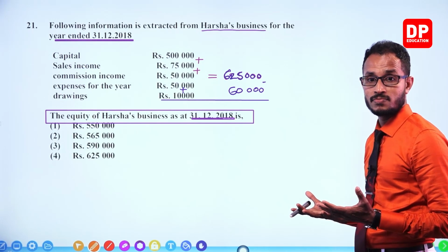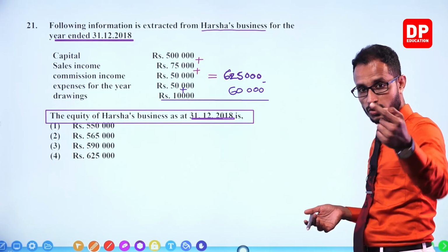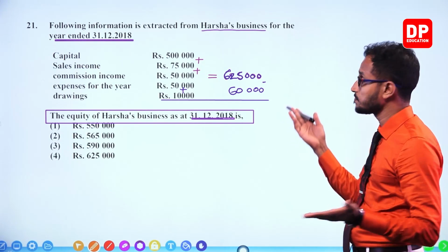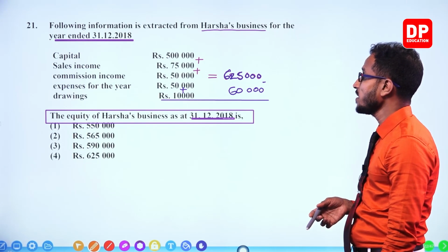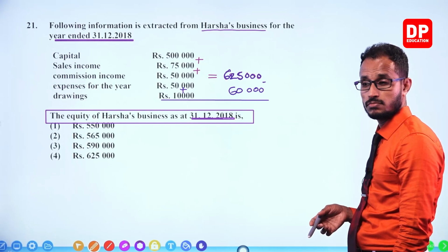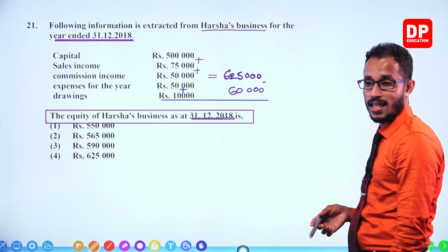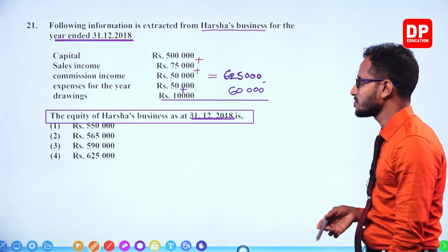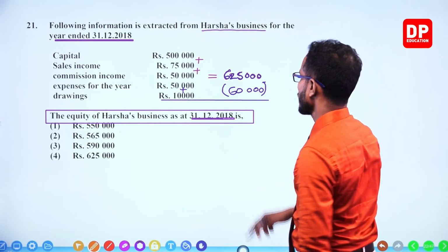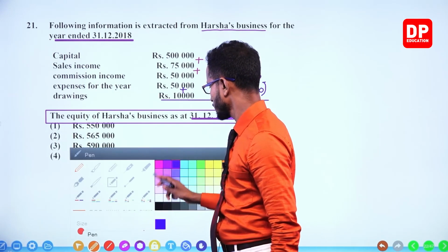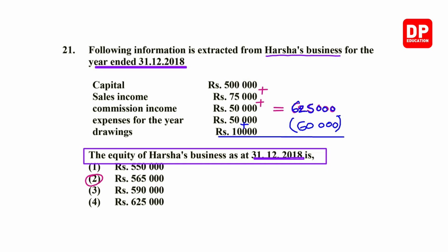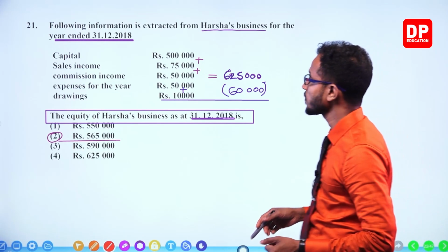Do your calculations. It's 565,000. Yeah, I think so. The answer is here: 565. Done. Next question.